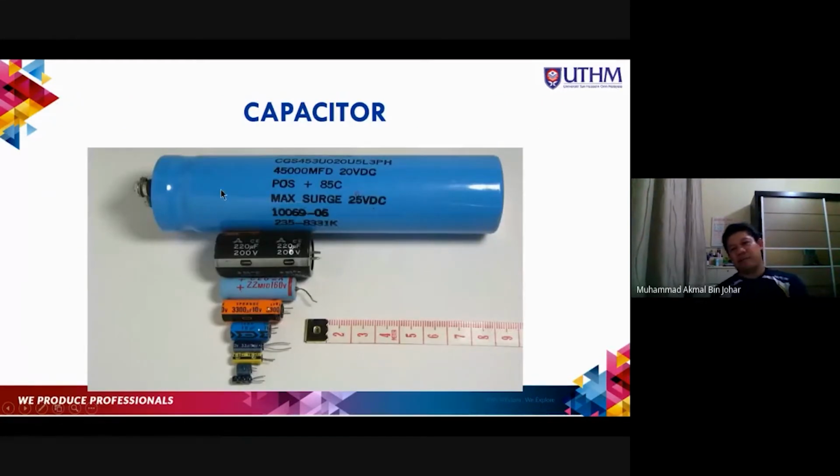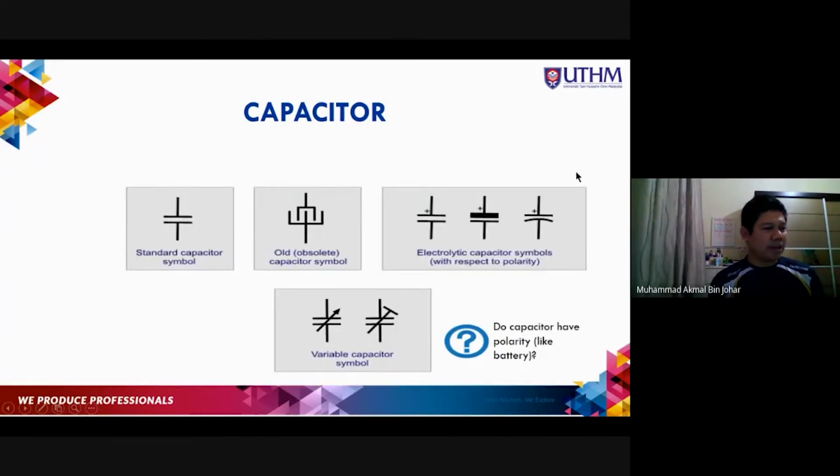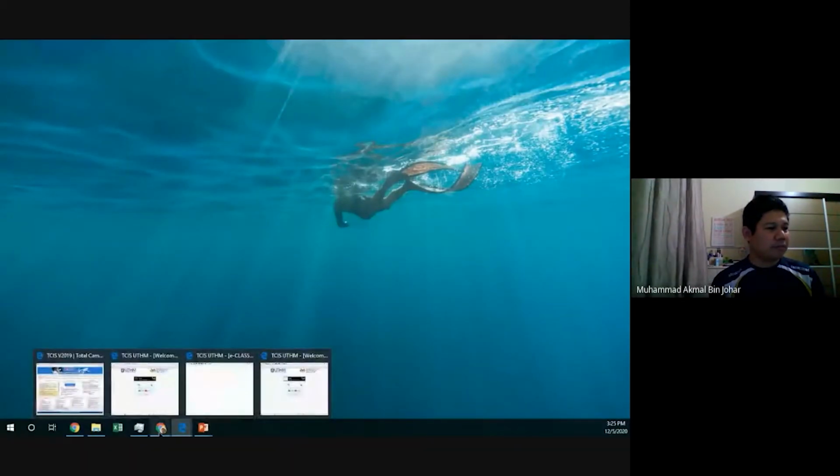So these are several types of capacitor that you can find, from the big one to the smallest one. And this is what we call a radial capacitor. Radial means it's put on top of the PCB in radial form, radially. So there are axial and radial components. For the axial capacitor, I forgot to find a picture for you.